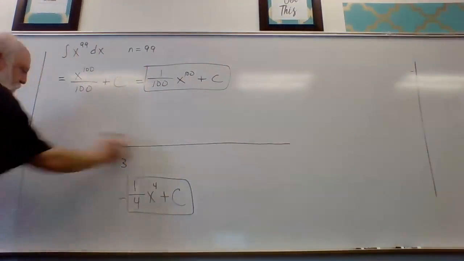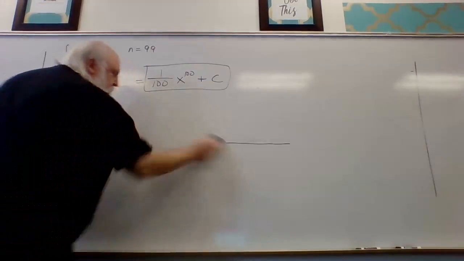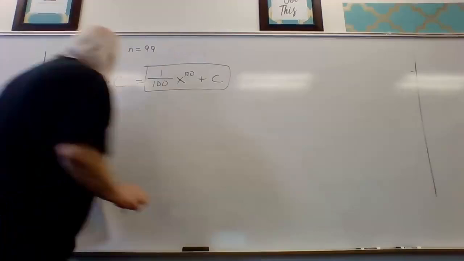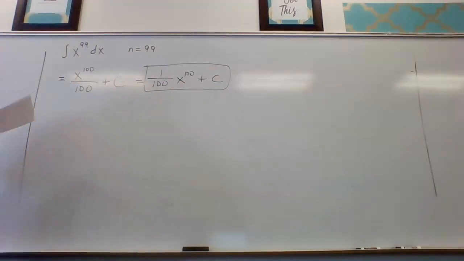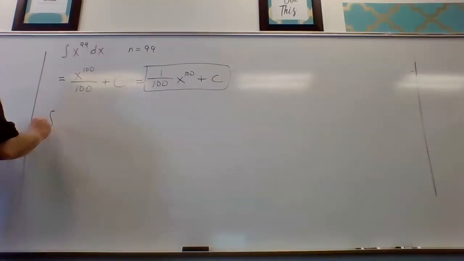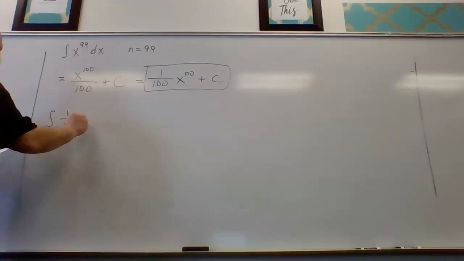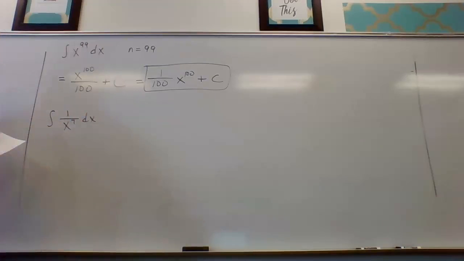In the next example, we have to find the antiderivative of 1 over x to the 7th. Well, we can't just add 1 to this exponent and then divide by the new exponent, right? Because x to the 7th is in the denominator.